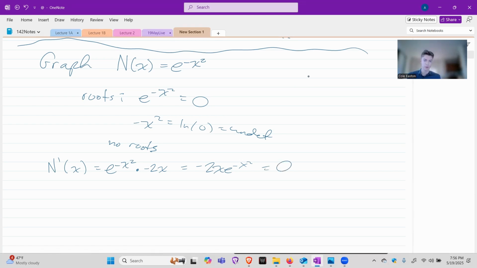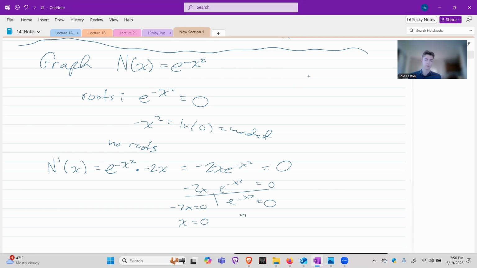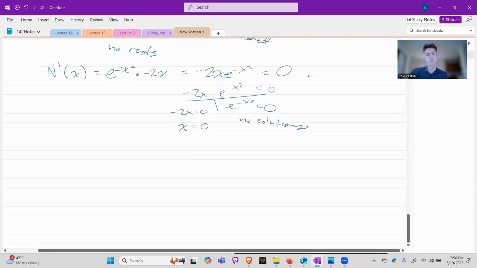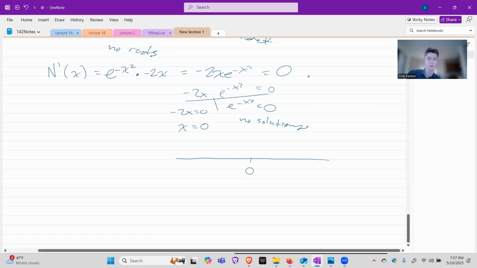So we have negative 2x e to the negative x squared equals 0, which means that either negative 2x is 0 or e to the negative x squared is 0. So this first factor gives us x equals 0. The second factor, what we just saw above when we were trying to find the roots, has no solutions. And there's no asymptotes or anything to deal with here because we don't have a denominator. So we have a single critical point at x equals 0.